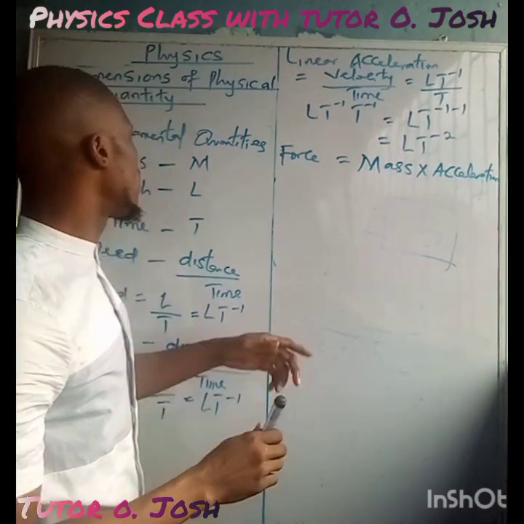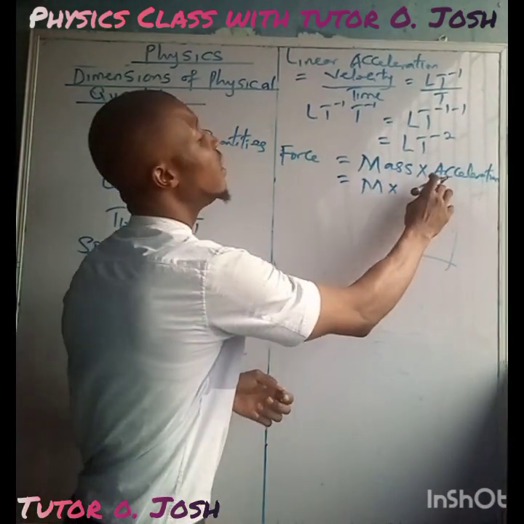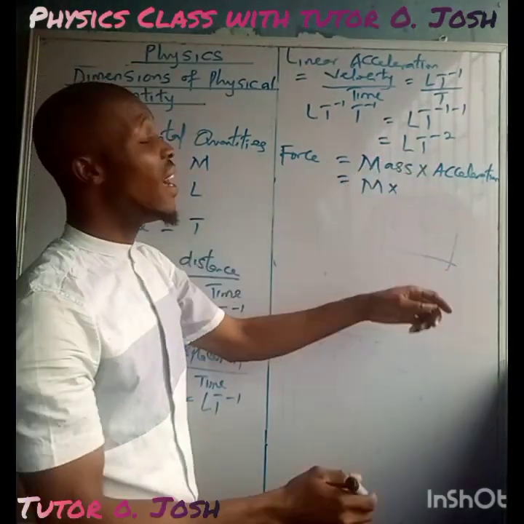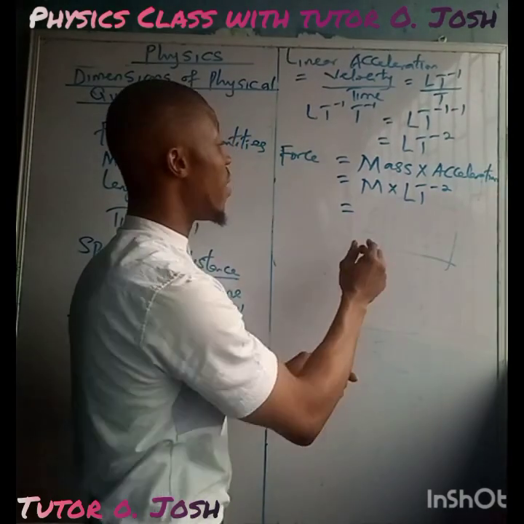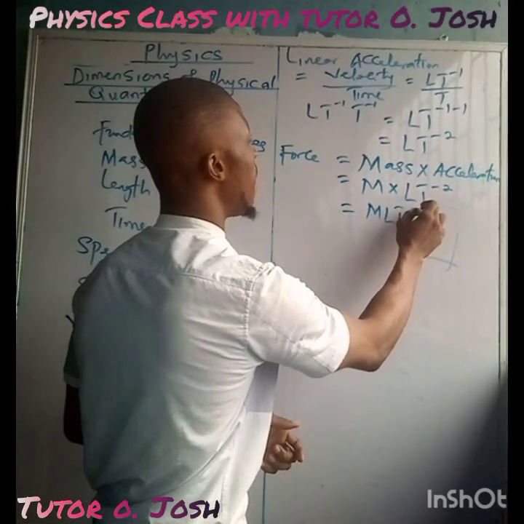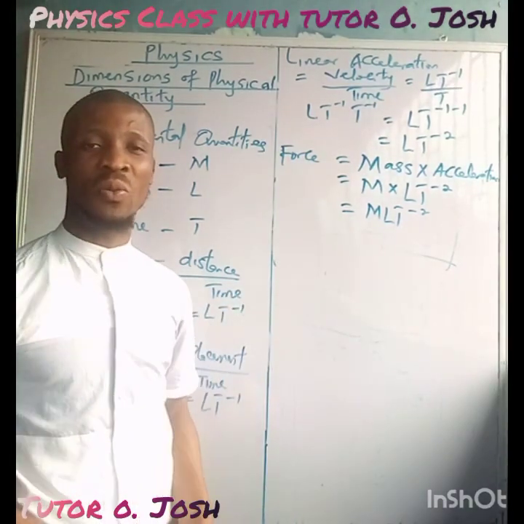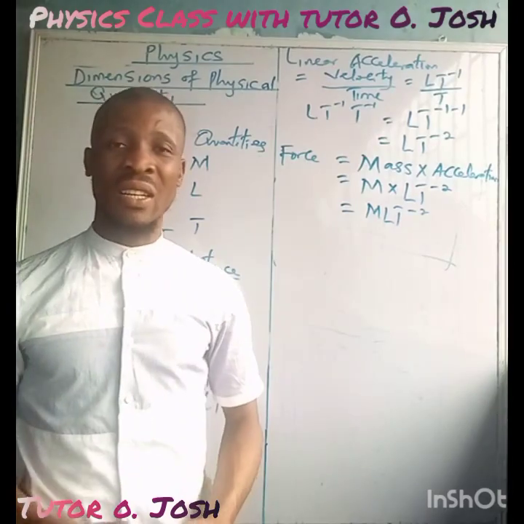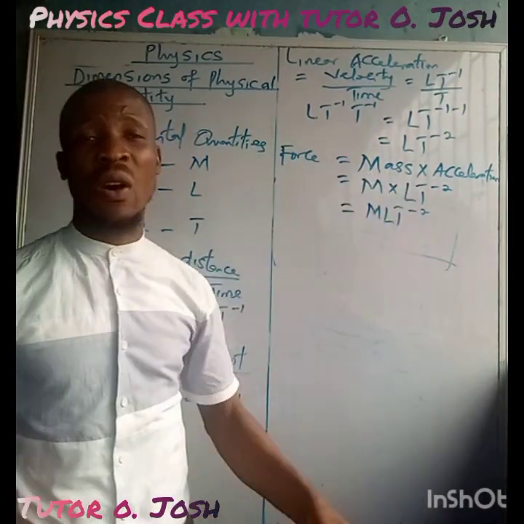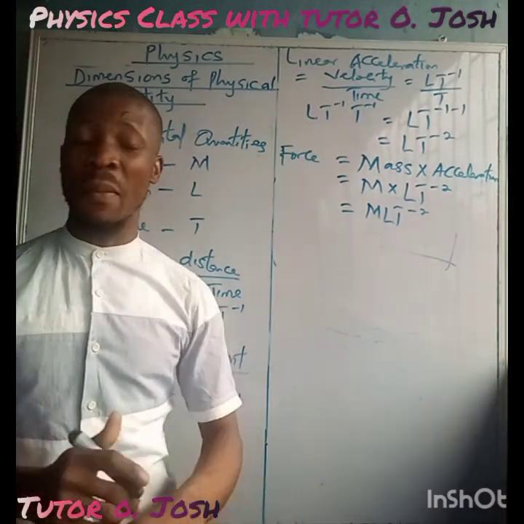The dimension of mass is M, so this is M times the dimension of acceleration, which we've gotten to be LT^-2. Taken together, we have MLT^-2. So the dimension of force is MLT^-2. You can see it goes on and on like that. Once we can get the formulas to calculate them, we can make use of how they can be combined using the three major fundamental quantities.